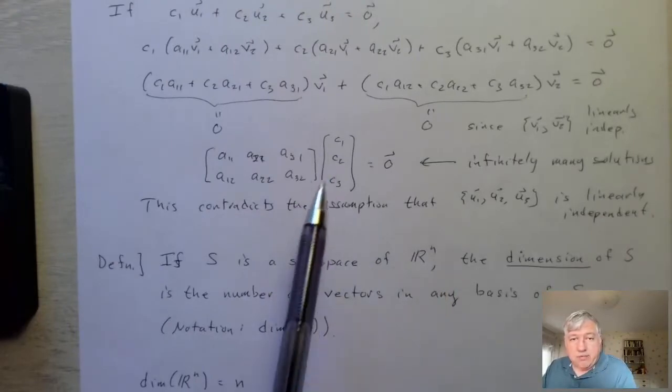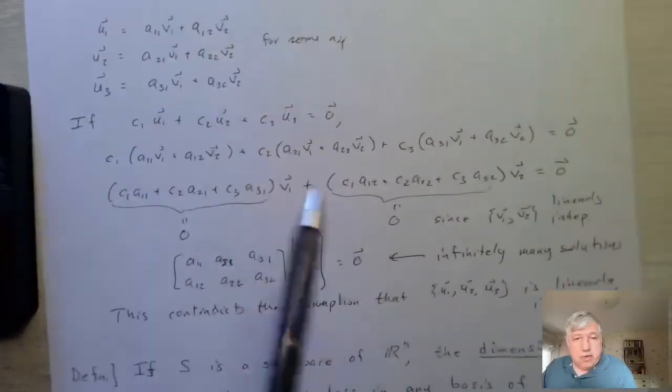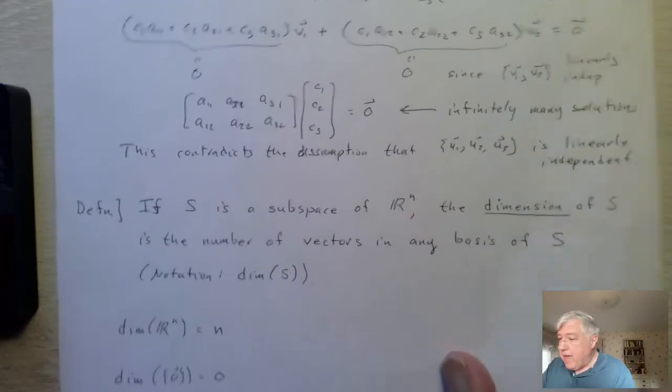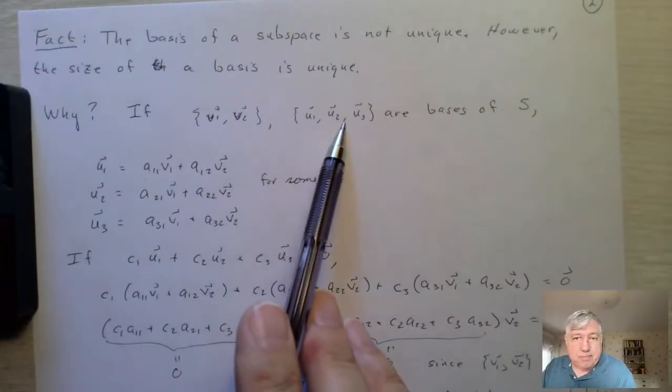Because if we can find a non-trivial solution here, we get a non-trivial linear combination here, which is 0. And that shows that if this is a basis, this can't be a basis.